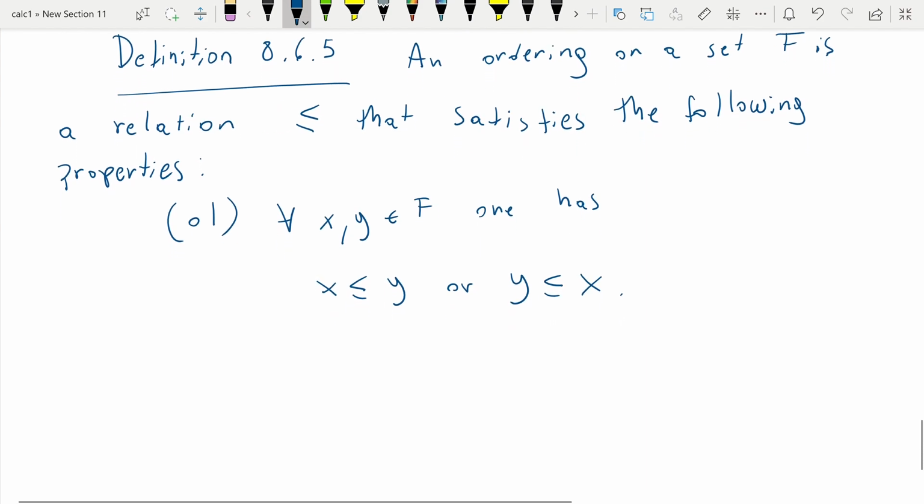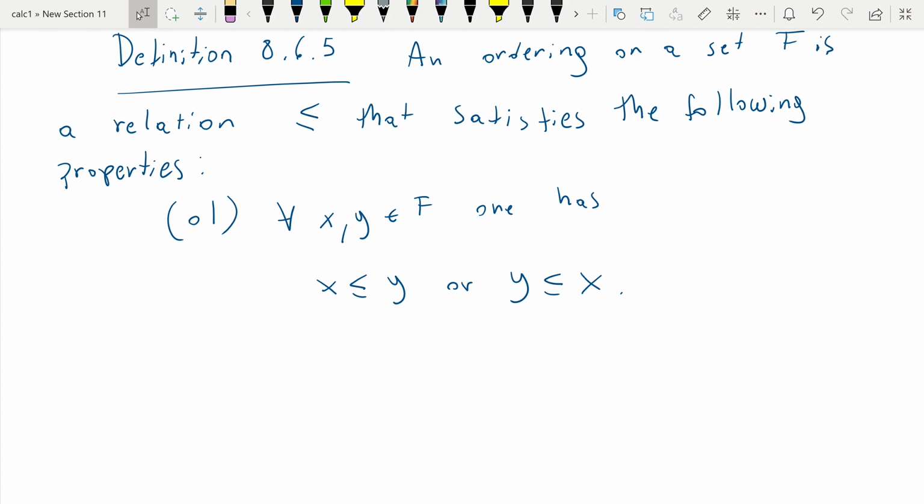So one of the two statements is true. So if x less than or equal to y is false, then y must be less than or equal to x. Okay? So all elements can be compared to one another.